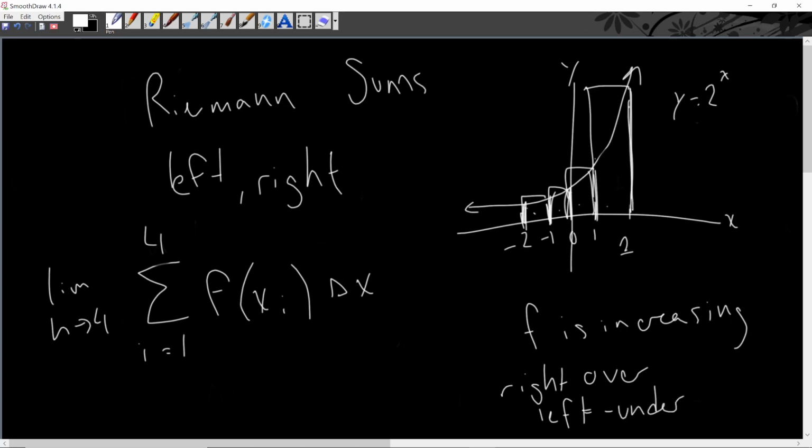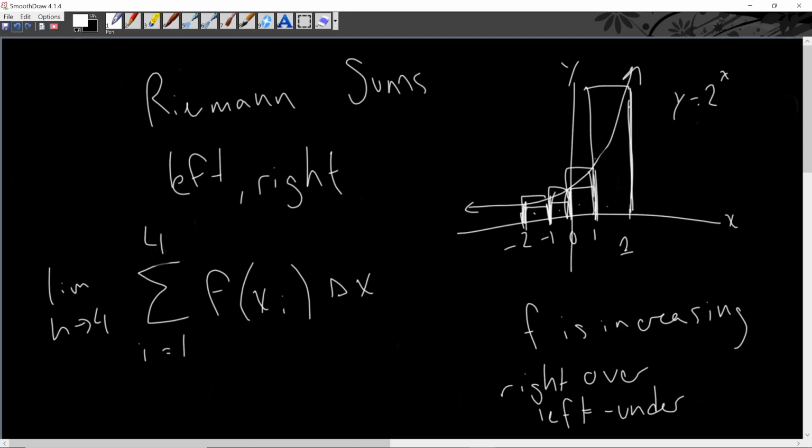That's because if you drop a line from the left over here, from the left over here, when f is increasing, each x that comes after means that the area of a rectangle that falls underneath it will be underneath it.